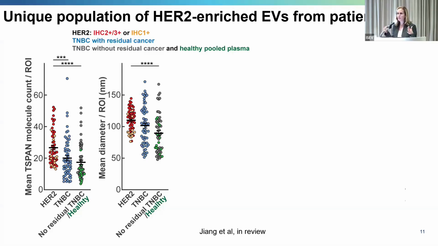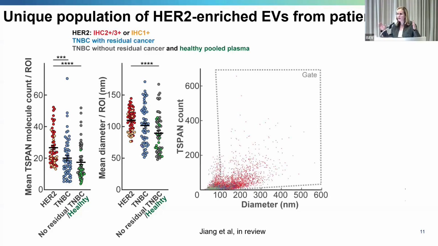And we had 4 patients per group, and we looked at many regions of interest, or ROI. And what we really noticed right away is that these patients that have elevated HER2 have vesicles that also have a lot of tetraspanin. So you can see that there is a pretty big difference in tetraspanin content. They're generally even a little larger. So what we really did here is we did gating.